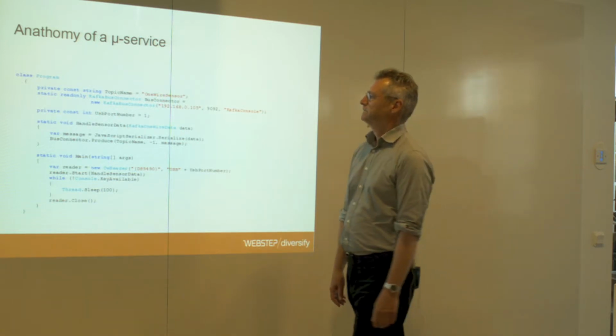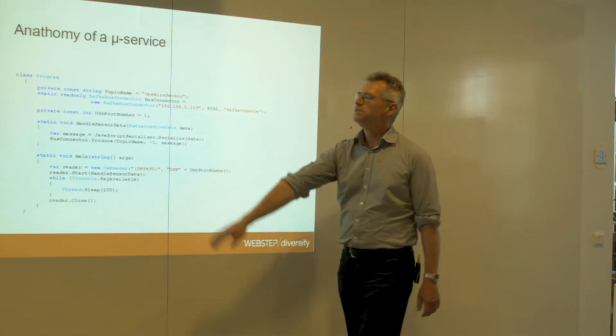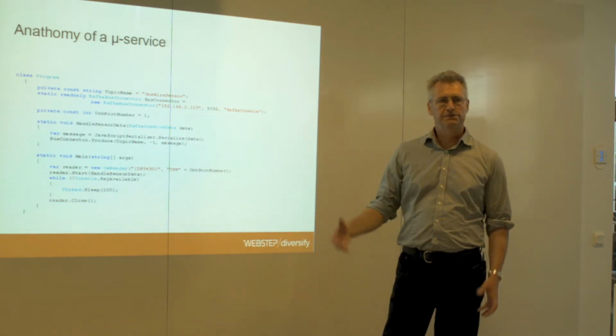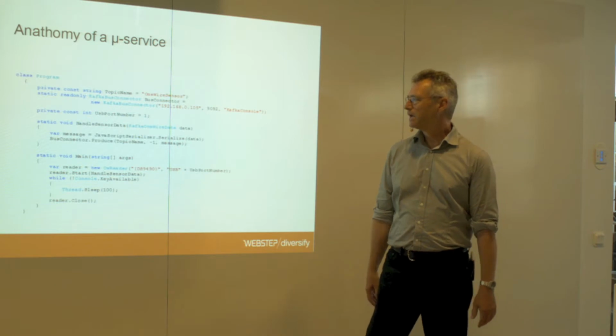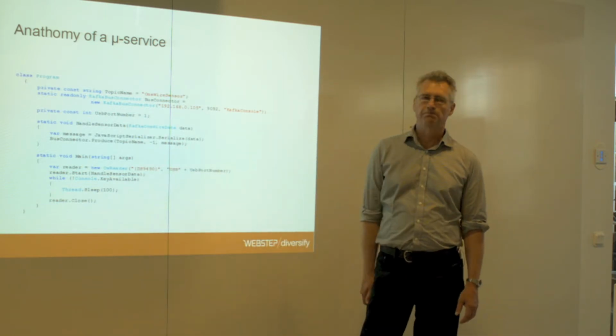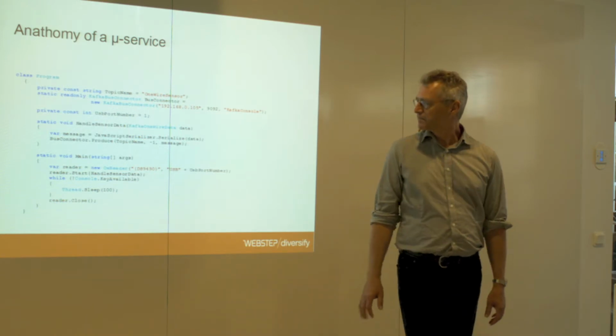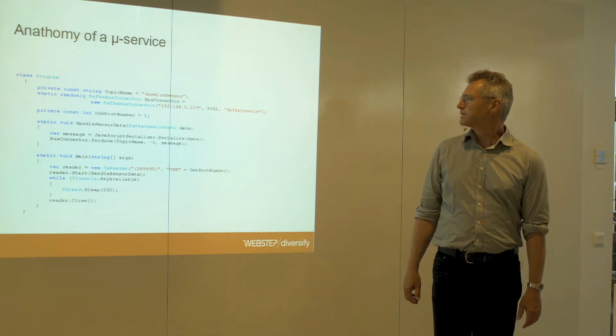The data on the bus. The bus is neutral when it comes to data. It's just byte arrays. And everything is published or produced and consumed on topic names, on topics. So I'll go a bit further into that later.